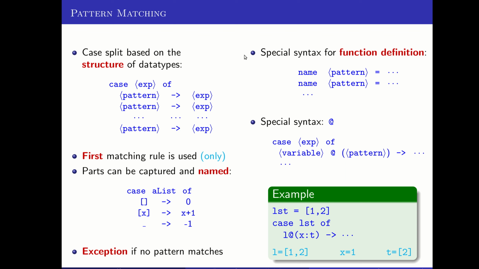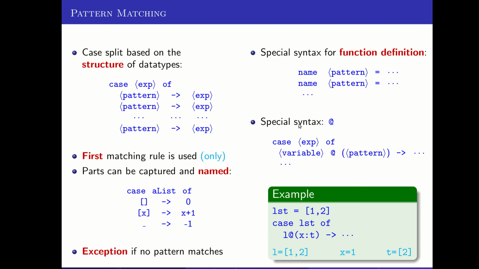There's also special syntax for function definitions, where we can define a function to handle a particular pattern. What it tends to look like is that we defined the same function multiple times. But what we're really doing is defining that one function to handle multiple different possible situations. And we'll look at some examples of that shortly.